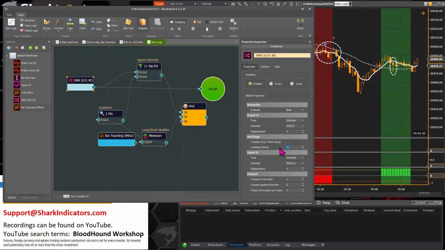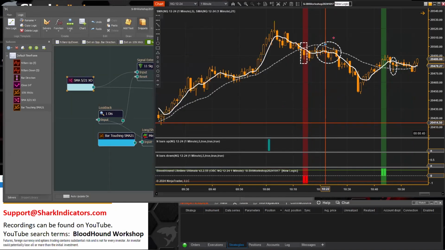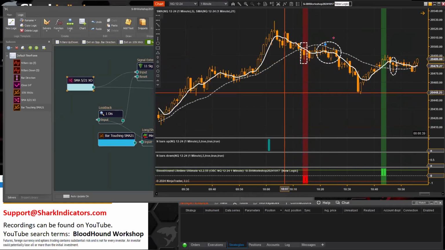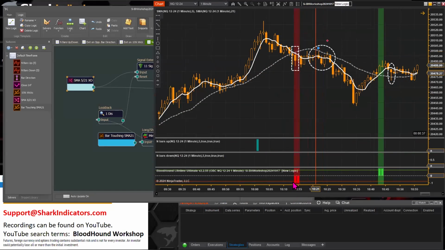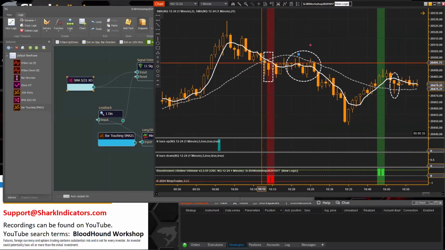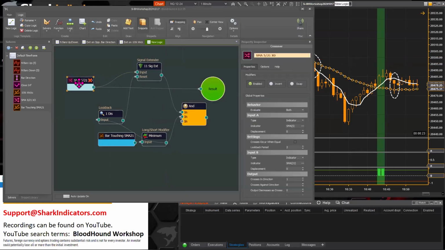But what I am going to do is set this look back period to 2, and that should be enough bars here for those touching bars to no longer be touching the slower moving average. So I think 2 bars is enough.